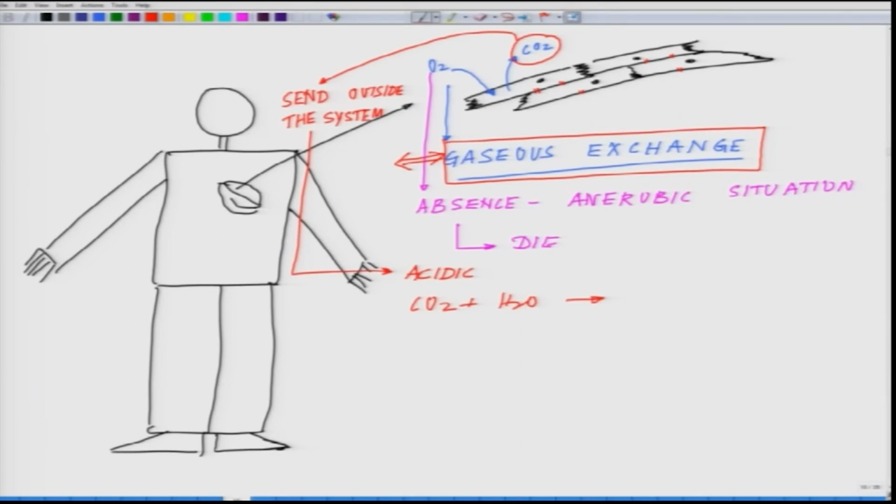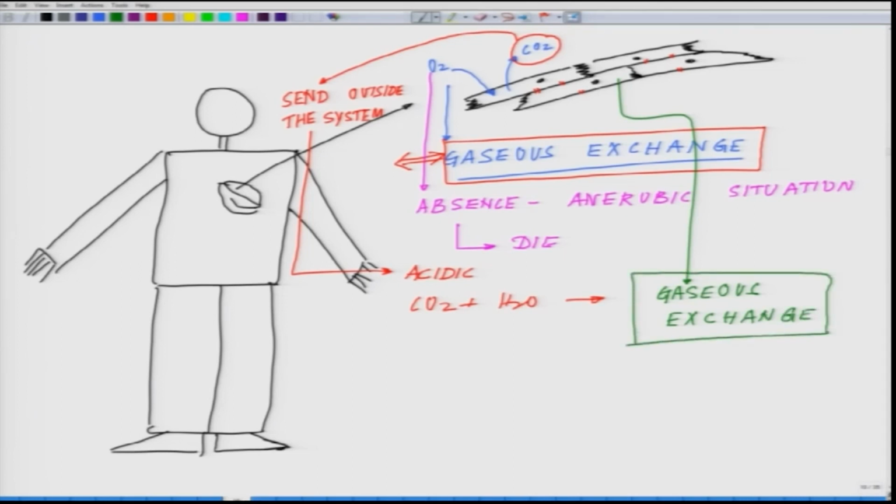So the first thing to keep in mind, if you are taking this tissue out, is that you should be able to provide the right milieu of gaseous exchange. And we will come to how this milieu is maintained in a system outside the body.